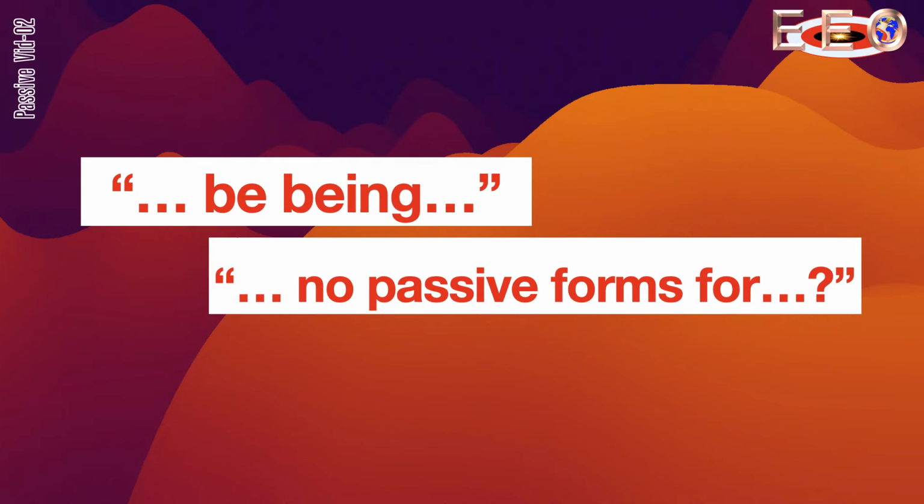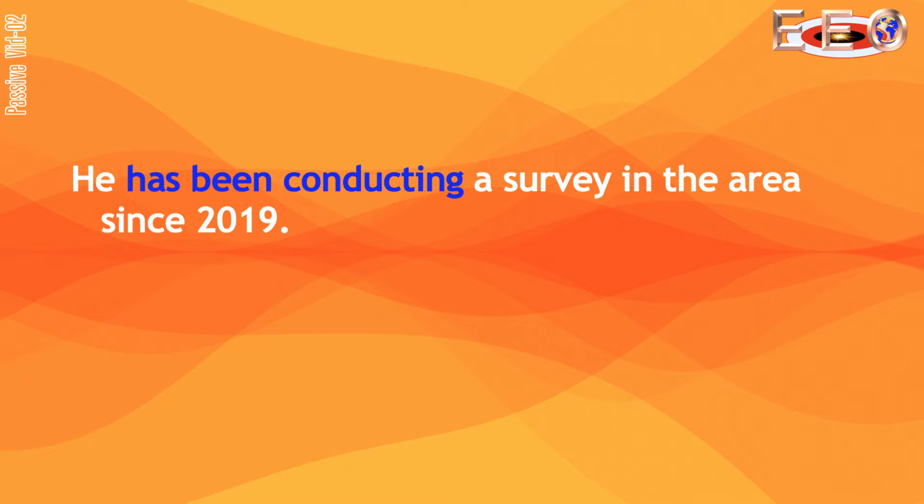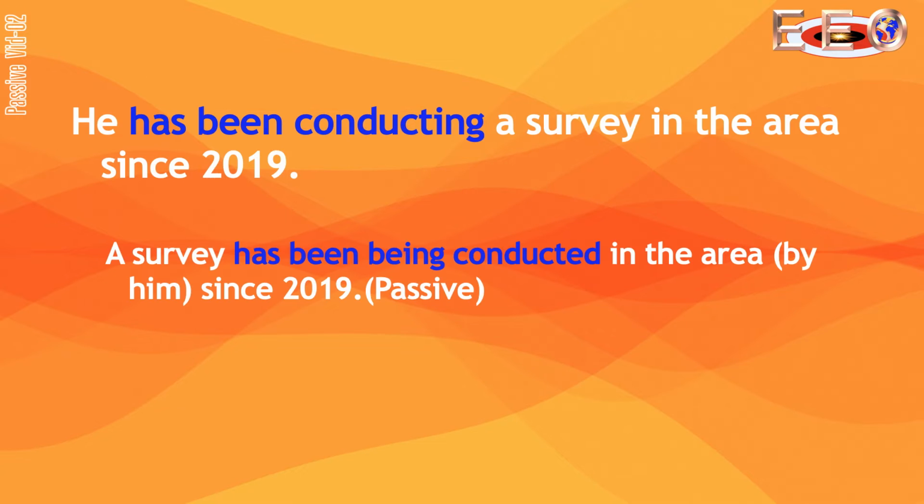So can we have an appropriate and a sound sentence for this active verb? Guided or dictated by the principles of the passive formation formula, we can state this sentence like this, so that we can form a passive voice from a perfect continuous tense. Let's see whether it is possible.